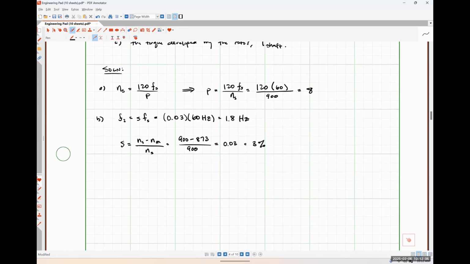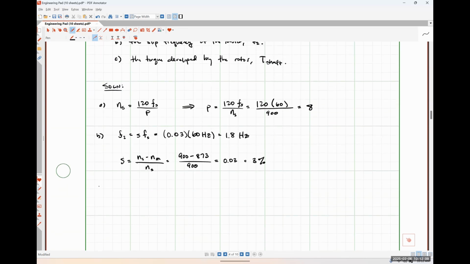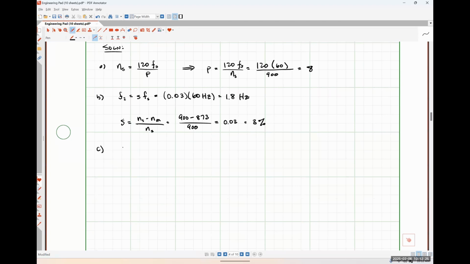Our last relationship, we haven't talked about specifically yet when we're talking about induction motors, but this was a relationship that was given to you when we were talking about electromechanical energy conversion way back at the beginning of that material. We're asked to find our torque. Well, our torque is just the ratio of our power developed by our rotor divided by the angular rotation speed of our rotor.